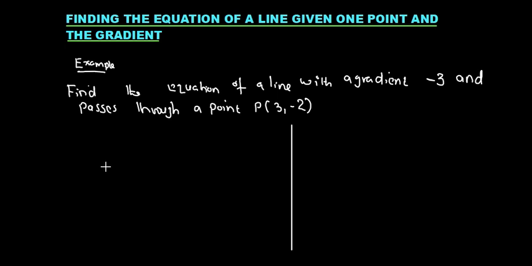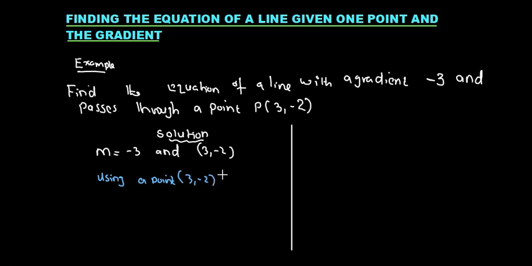So in this example, we are going to use a point 3, -2 and a general point xy. We shall work out a gradient using these 2 points.